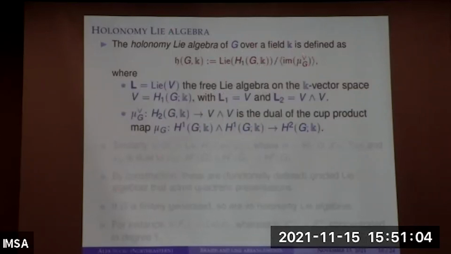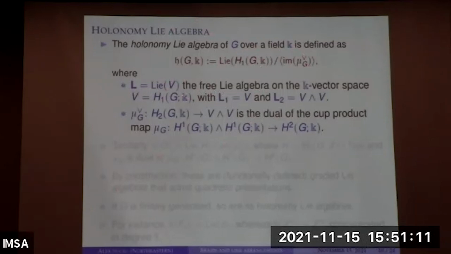So basically, let's first do the Lie algebra because it's a bit easier. We take the free Lie algebra on H1 of G with K coefficients, which just means G tensor K, and you mod out by a certain ideal, the image of a certain linear map. Okay, so let's decode what this means.